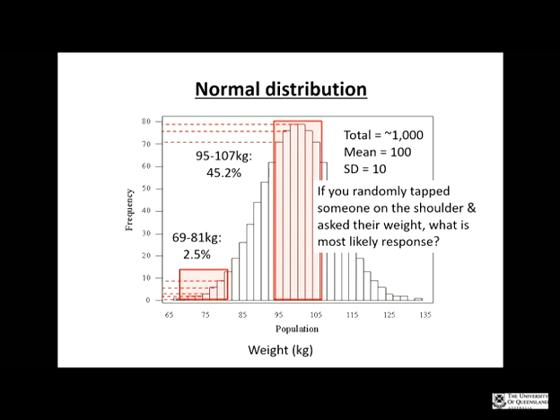So if you randomly tap someone on the shoulder and ask their weight, you might have a 45.2% chance that they would be within the first range, and a 2.5% chance that they would be in that second range.